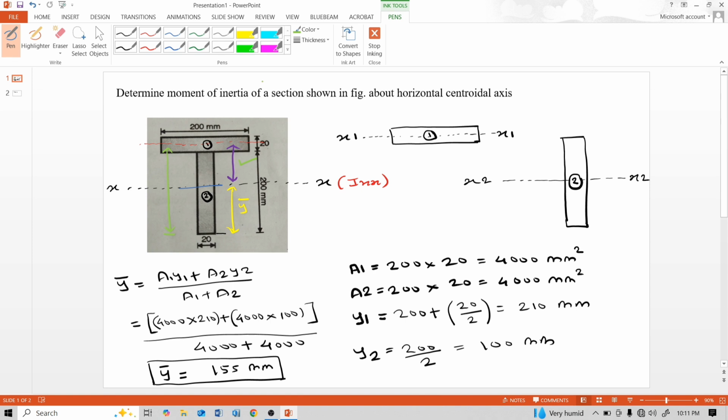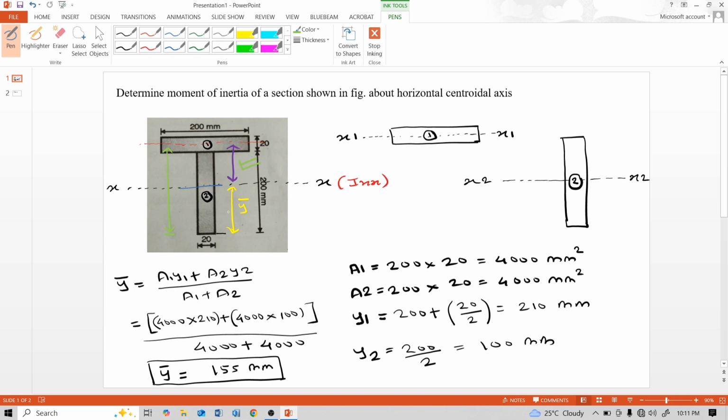For calculation of this distance, consider from the bottom to the x1 axis, which is the y1 distance, 210 mm, that is 200 plus 20 by 2.